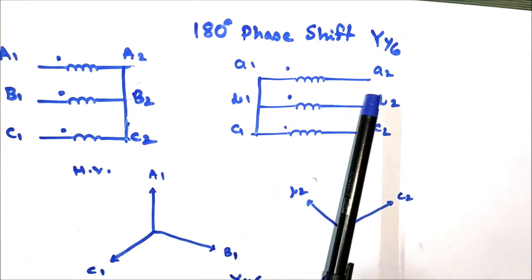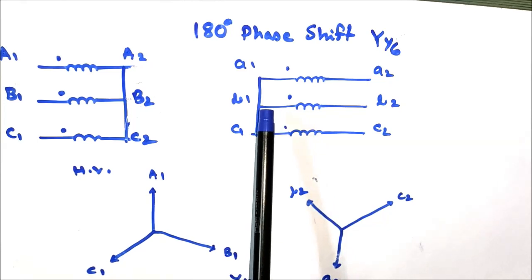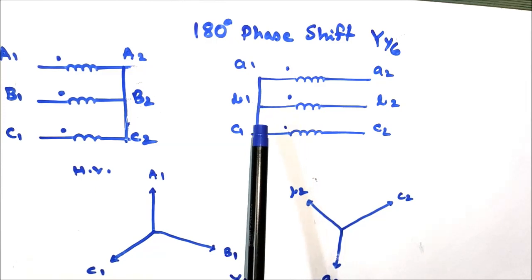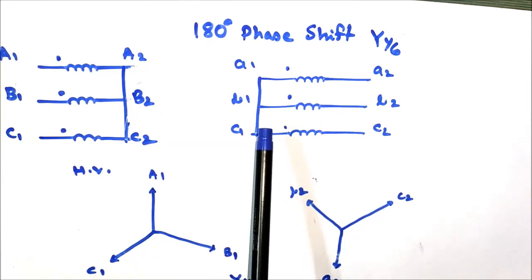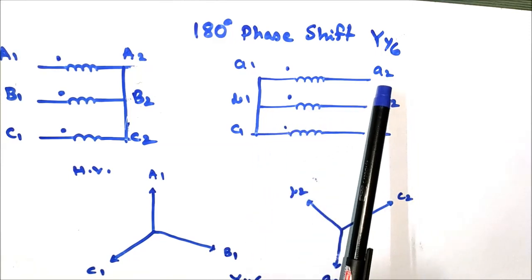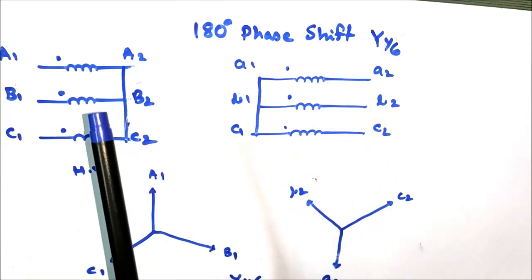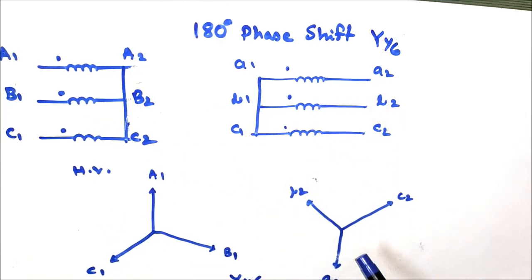A1, B1, C1 are the connection terminals, A2, B2, C2 are shorted. But in case of the LV side winding, instead of shorting A2, B2, C2, we will short A1, B1, C1 to form the neutral of the star connection, and the connection terminals are A2, B2, C2. Here the polarity is reversed, that is A2, B2, C2 are the connection terminals, and A1, B1, C1 are shorted together to form the star point of the transformer.